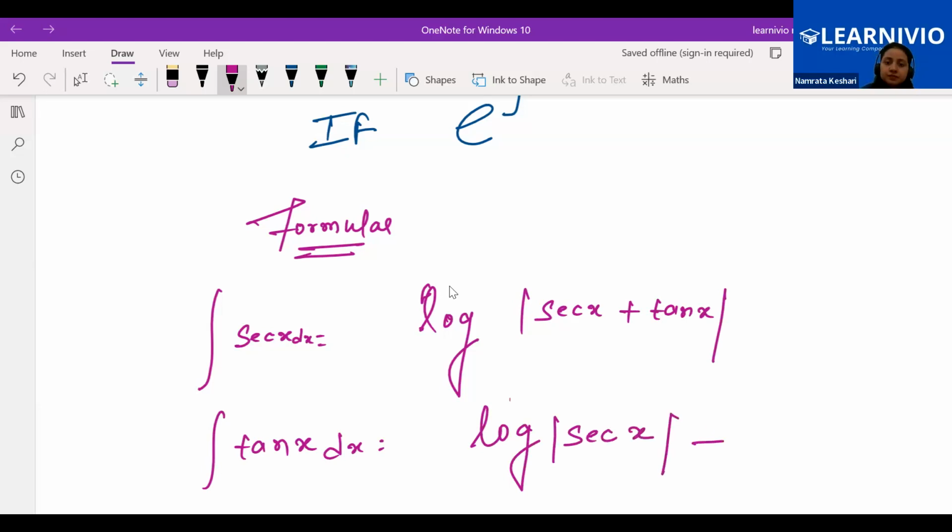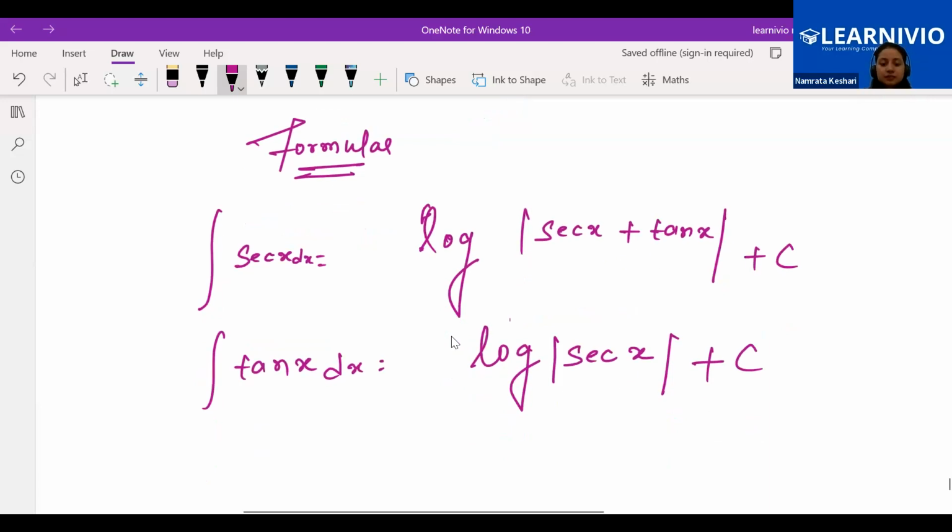Integration of cot x is log of cosec x minus cot x, or, just a second, it is log of sin x plus c.